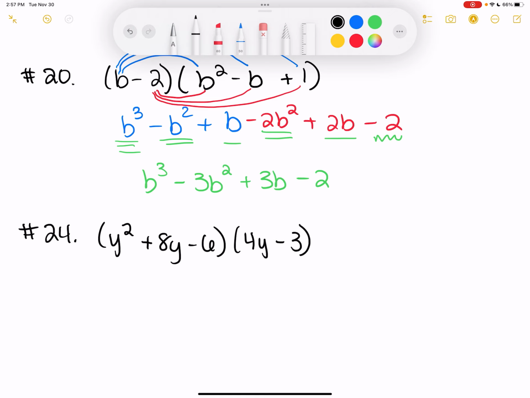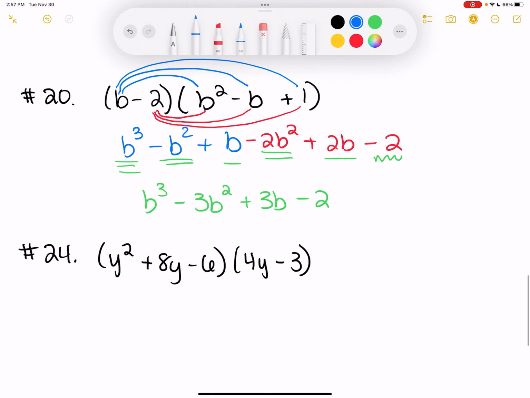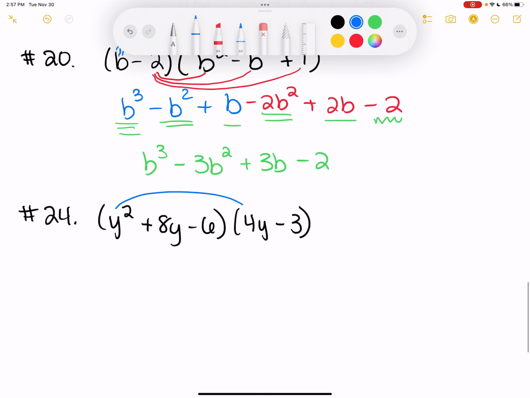Okay, so now this one looks a little different, right? But it's gonna follow the same process. Everything in the first one has to multiply by everything in the second one. So y squared is going to be multiplied by 4y and negative 3. 8y is going to be multiplied by 4y and negative 3.